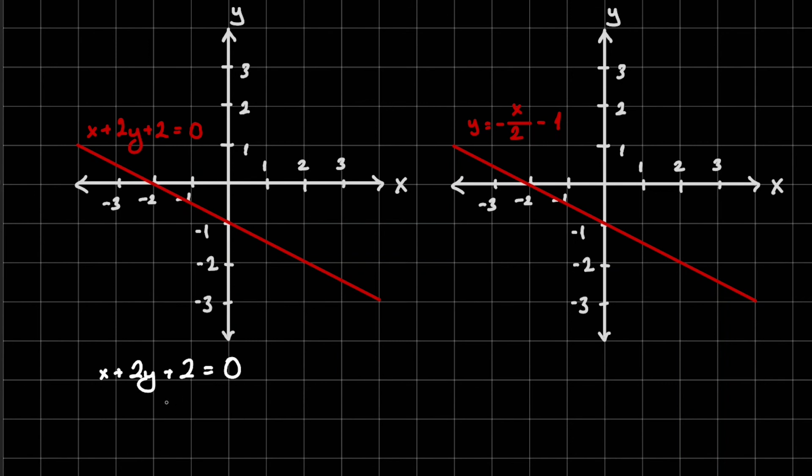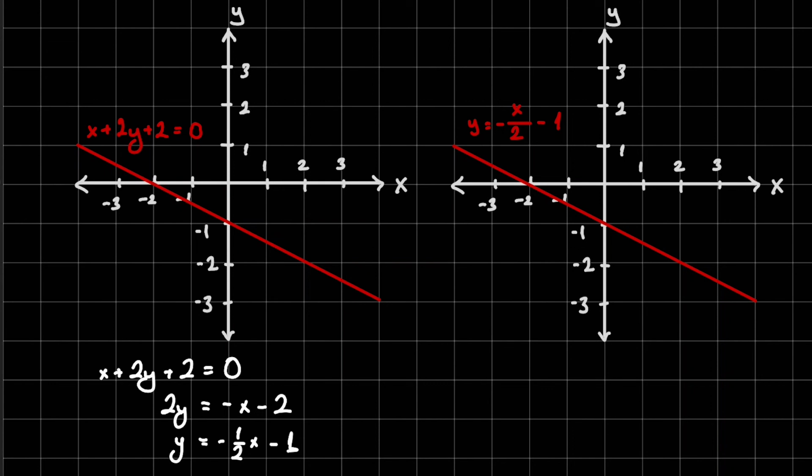That means 2y equals minus x minus 2. I passed x and 2 to the other side of the equation. Then I divide both sides of the equation by 2, which means I will have y on the left hand side, and on the right hand side I will have minus 1 over 2 x minus 1.